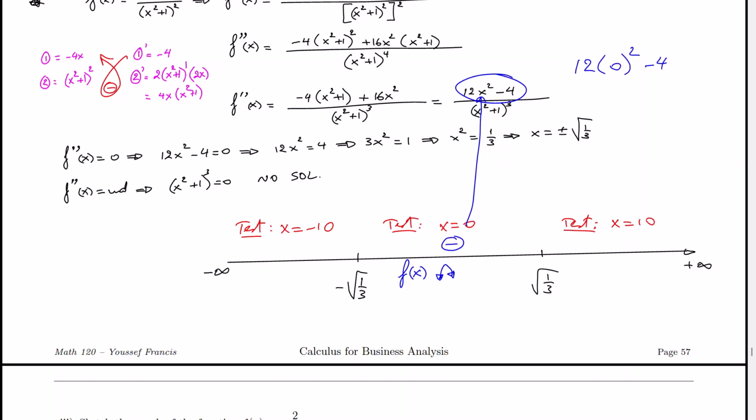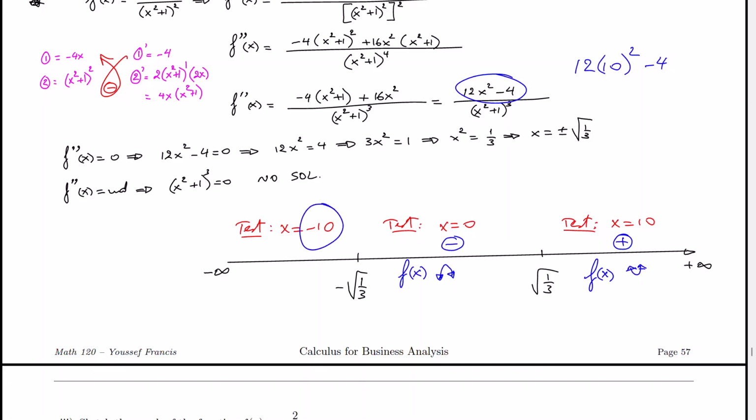Now, if I plug 10 into the numerator, I'm going to have 12 times 10 squared minus 4. So 10 squared is going to be like 100. 12 times 100 is going to be a massive positive number. Minus 4, the minus 4 is not going to matter. The result will still be positive here, which means that the function f of x will be concave up on that second interval, or rather third interval.